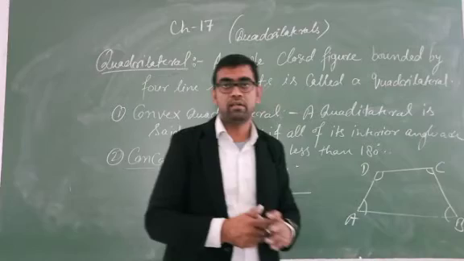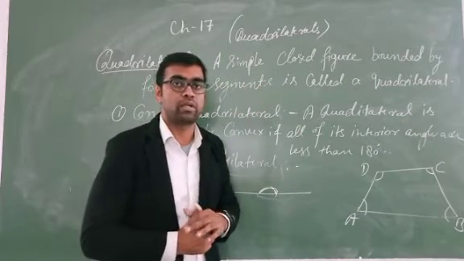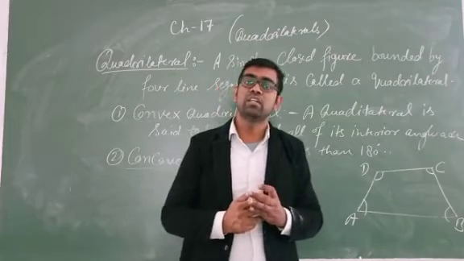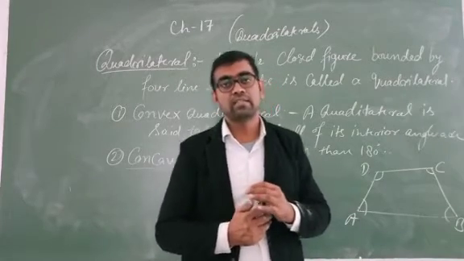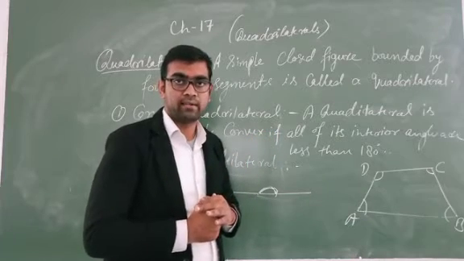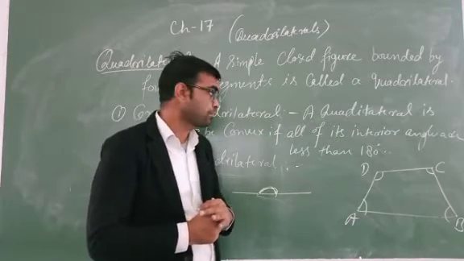So this quadrilateral ABCD is a convex quadrilateral. Understand? A quadrilateral in which each interior angle is less than 180 is said to be a convex quadrilateral. I hope it is clear.